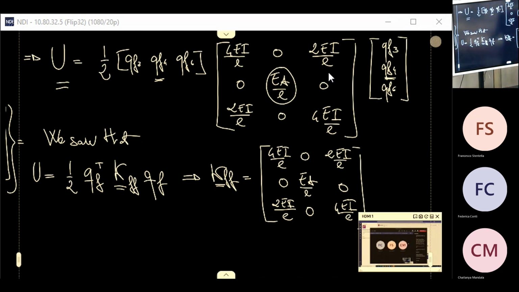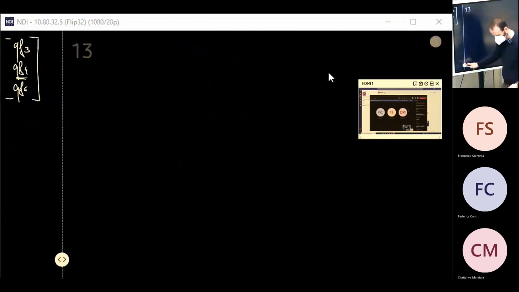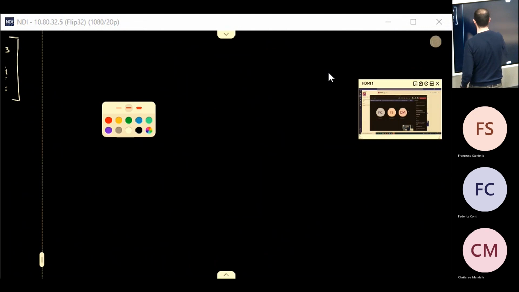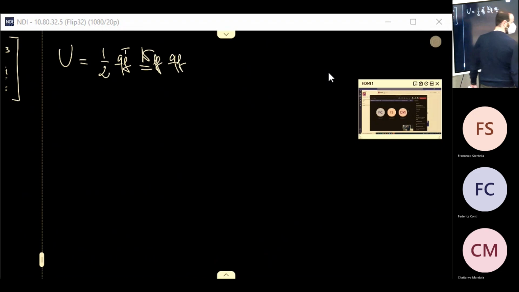Of course, you can also, so this is the stiffness matrix, the structural stiffness matrix. It's actually quite easy. So you can write, we have already seen this, U as 1 over 2 QF transposed applied over KFF applied over QF.